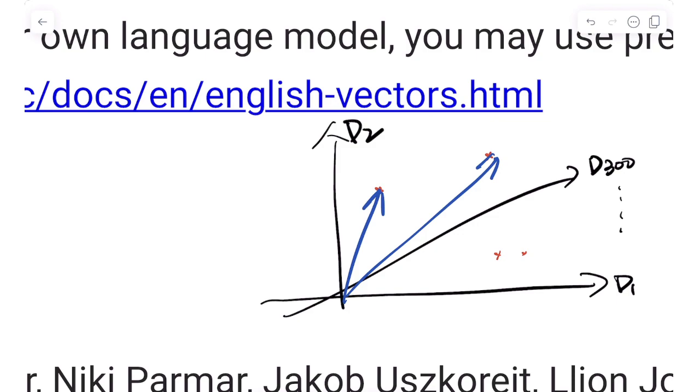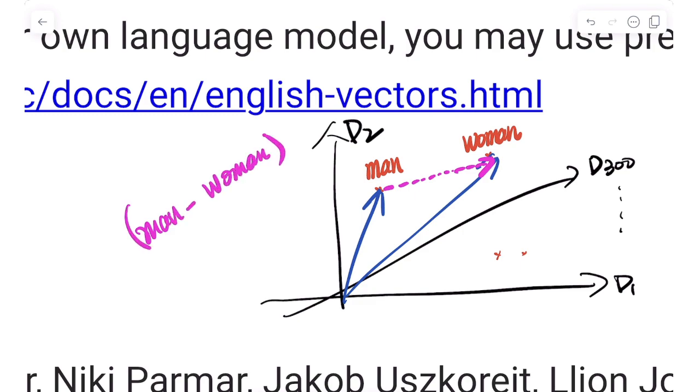Okay, if you take a look at man and woman, there should be two vectors in this 300 dimension. But you take a look at this specific vector, which is man minus woman, this vector.